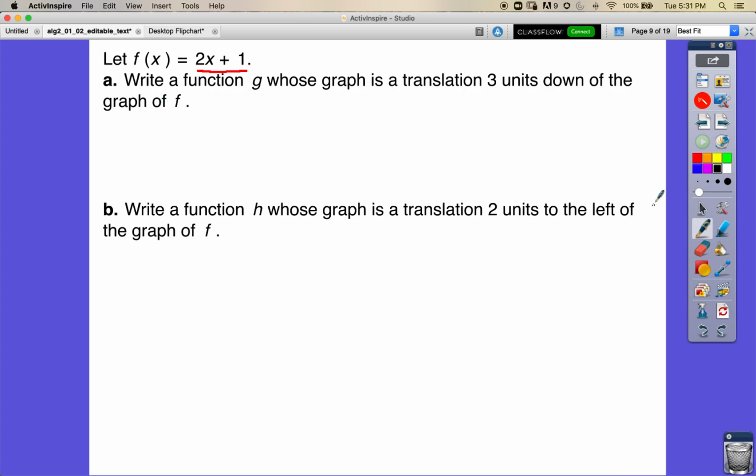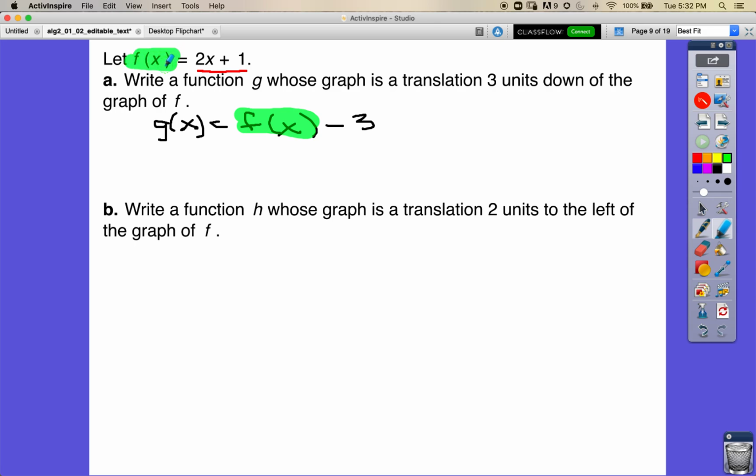So I'm going to take this function, and this function is f, so g of x. I'm going to take the function, here's my function, f of x. And then I want it to go 3 units down, so I'm going to subtract 3. Okay, so now I'm going to highlight this so you can see it better. Here's my function, and this is also my f of x.